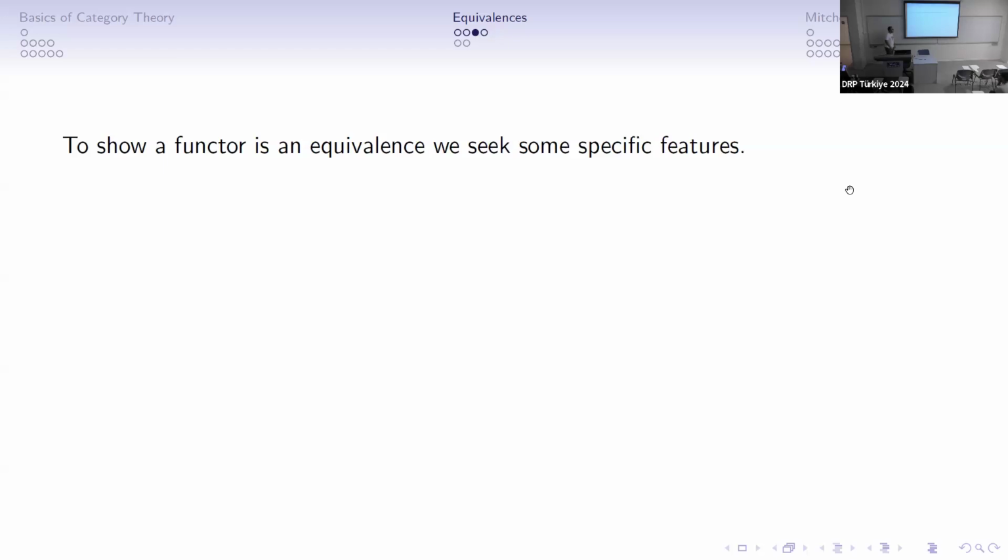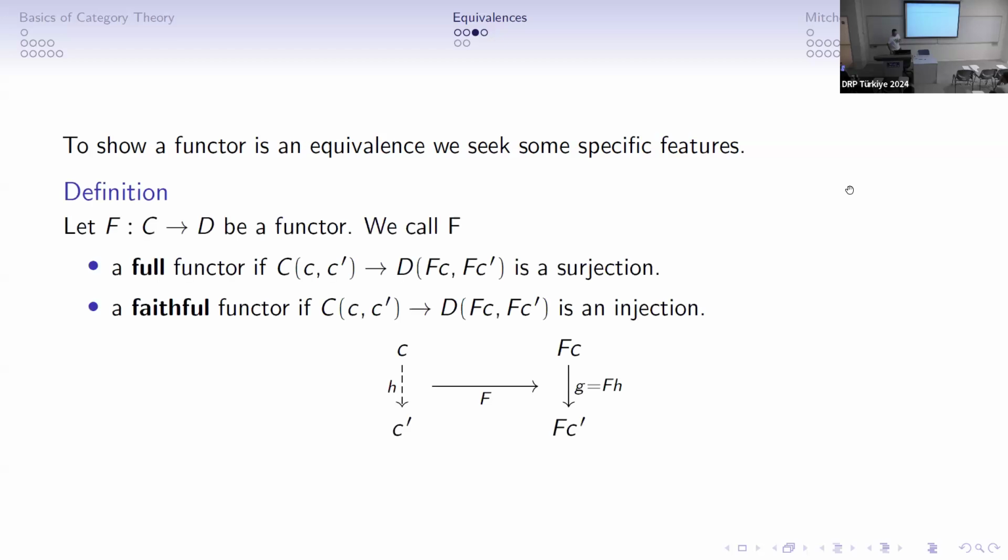And fortunately, there is a practical way to show that a functor is an equivalence. We call a functor full if this map on morphisms is a surjection, and faithful if it's an injection. So what do we mean by this? For any g between Fc and Fc', if there is an h satisfying F(h) = g, it's a surjection, and if this h is unique, we say it's faithful.